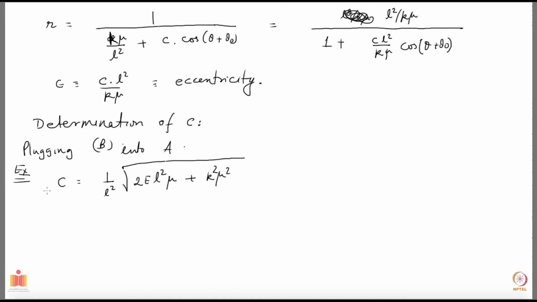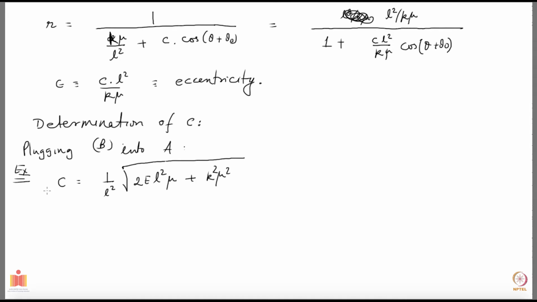Okay, that's nice. Correct. I realized there's a small mistake: instead of multiplication, I have written division somewhere in my note.